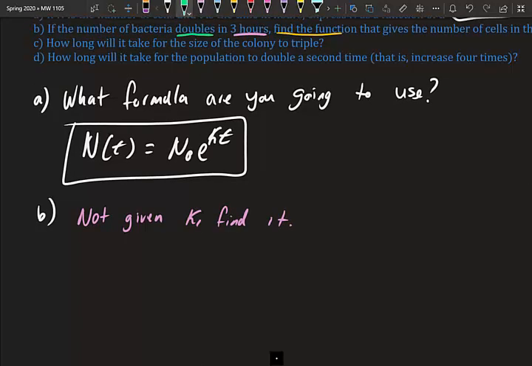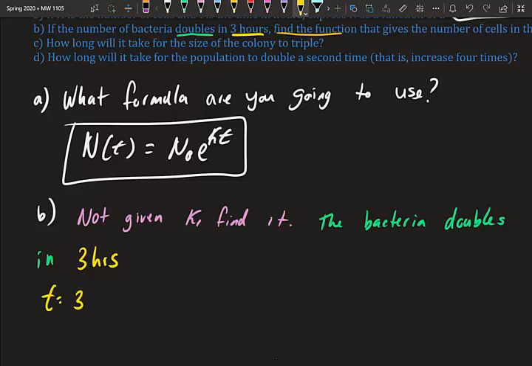So they just said the bacteria doubles in 3 hours. That is all the information we need, because we're given t, and we're given that something doubles.